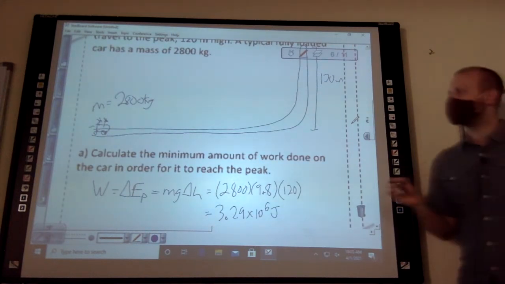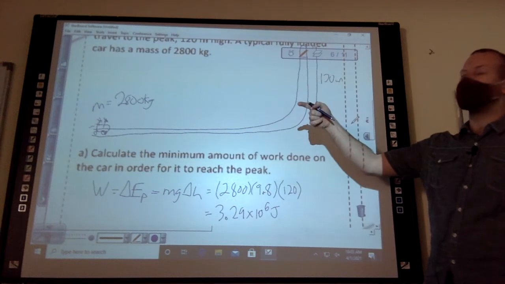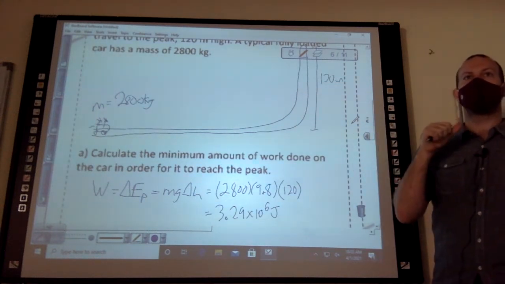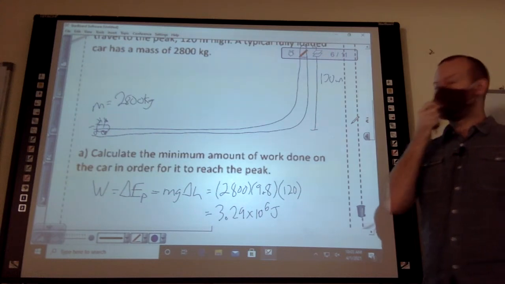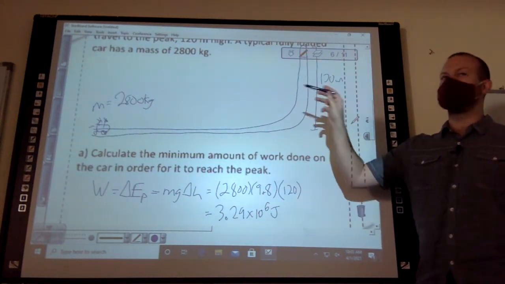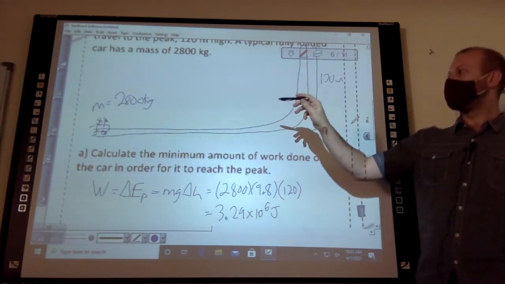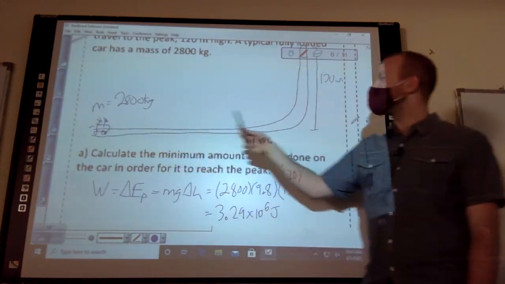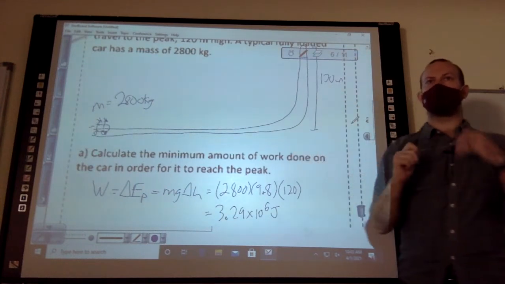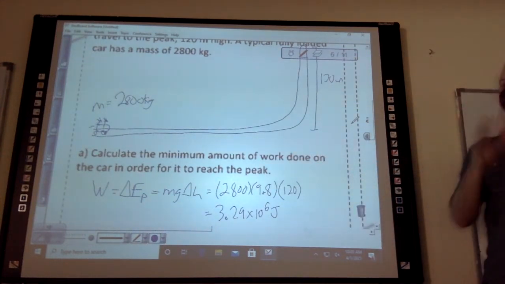So there's going to be friction between the tires and the track. You lose due to heat. So we're talking about the energy of the car. So we're looking at the energy it has initially compared to the energy it has final. Looking at just the car.